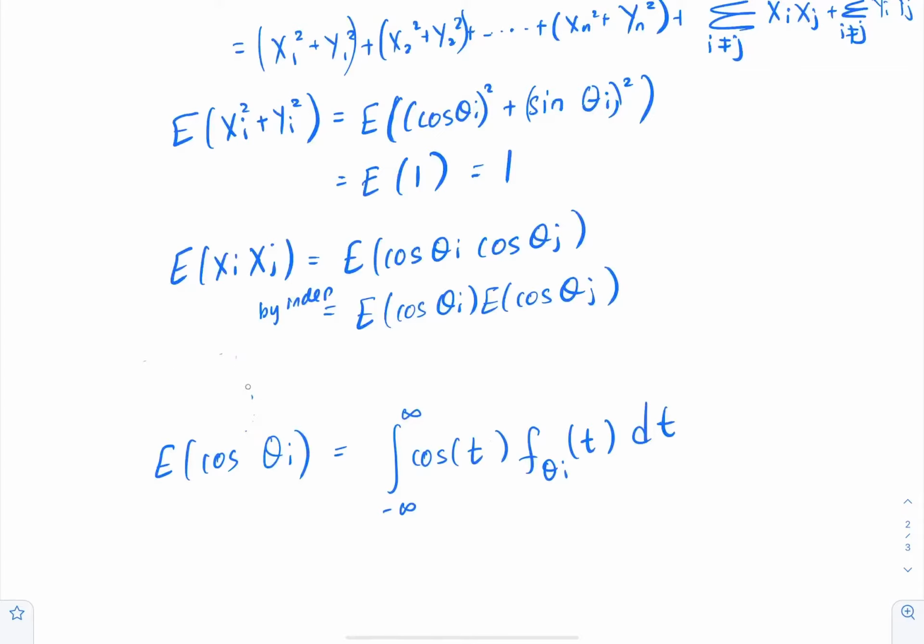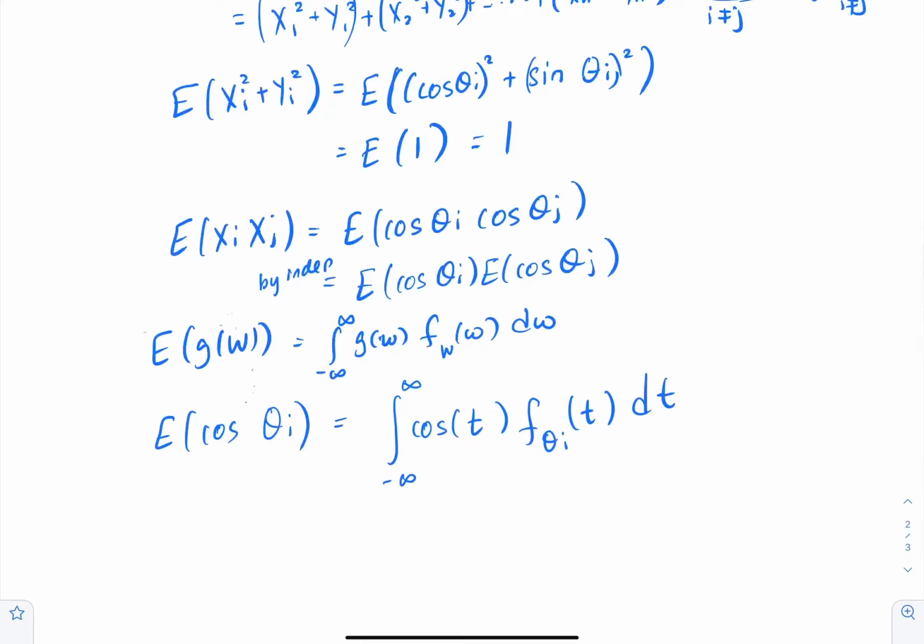I will just write down the general formula just so that you have it here. If you have a function of a random variable, what is its expectation? It's the function times the density of the random variable, integrated. Okay, well, what is the density of theta? It is 1 over 2 pi when t is between 0 and 2 pi, and 0 otherwise.